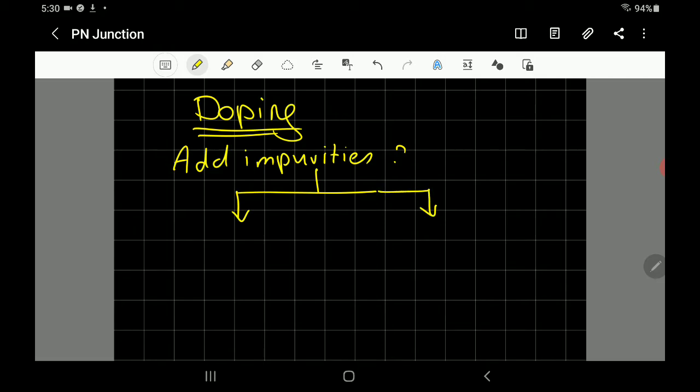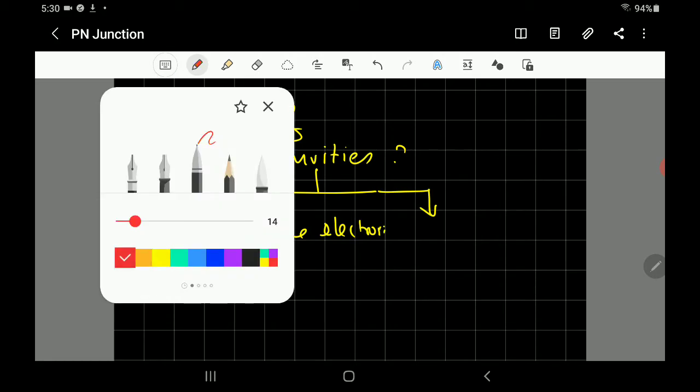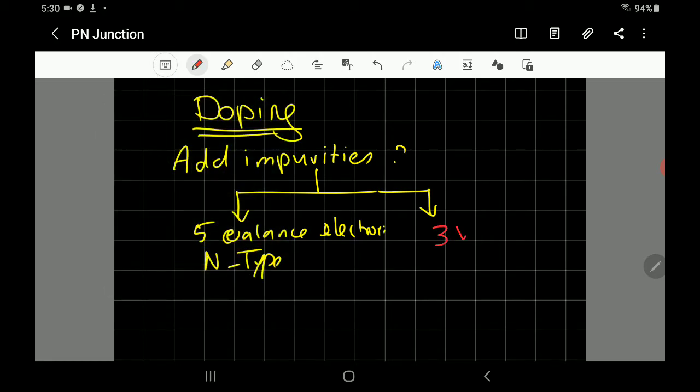So if we add, for example, atoms that have 5 valence electrons, you can make something called n-type. And if you add impurities that have 3 valence electrons, you can make p-type. An example of a material whose atom has 3 valence electrons in the last orbit is boron.